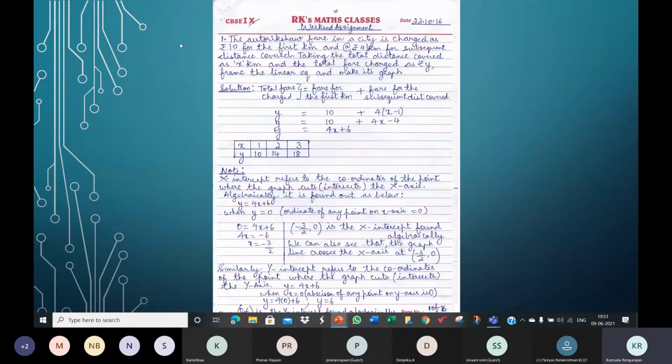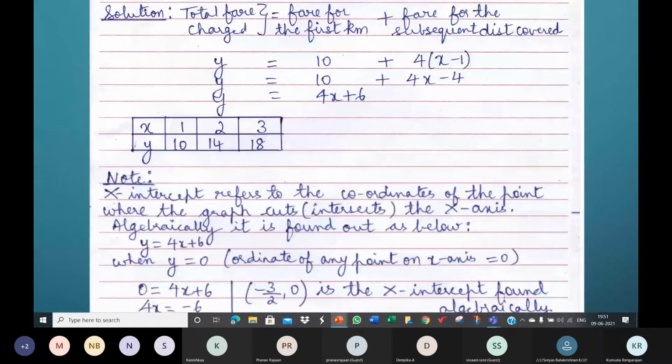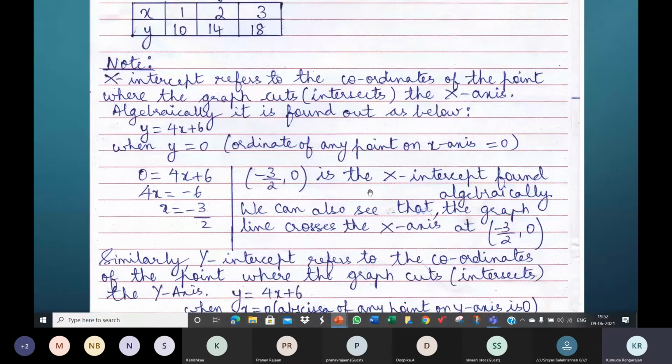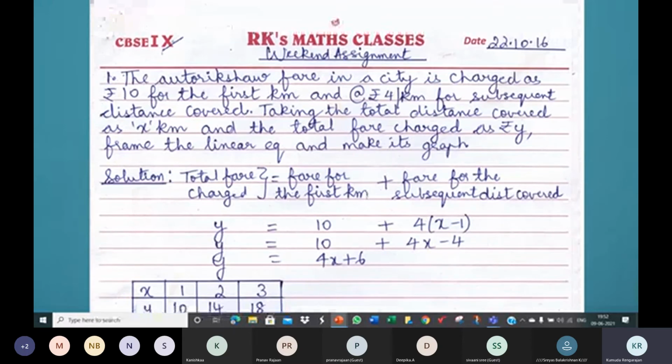You can see it here. What I just explained, you can see it here below the first one. This is not a part of the answer. This is just for information. I've written here against note, x-intercept refers to the. So this is just for your information. It's not a part of this graph. I'm sure you will understand that.